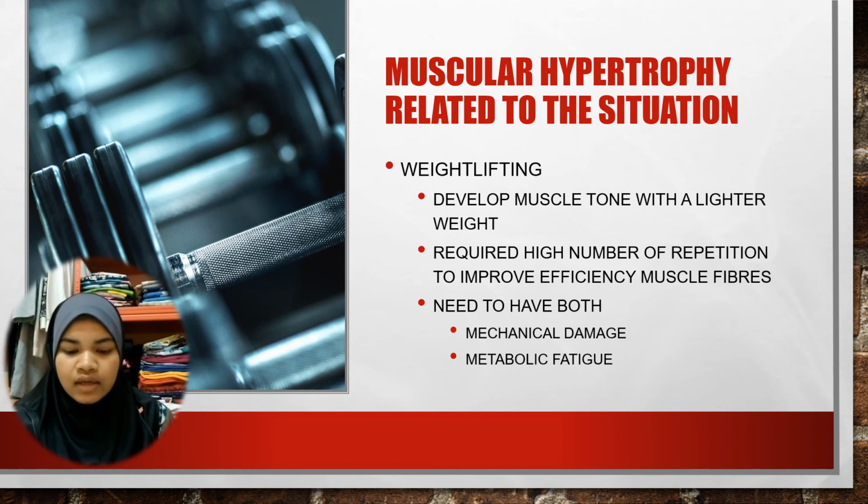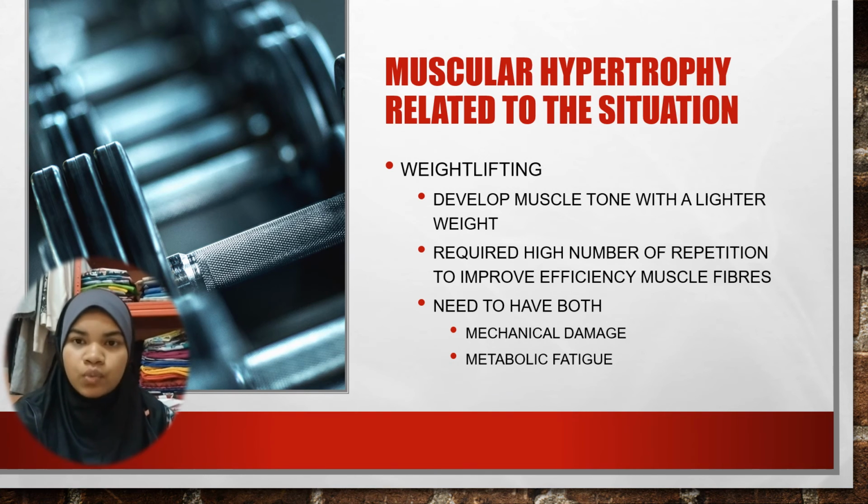It is the way to determine that your muscle grows and changes. For example, you can develop muscle tone with lighter weight, but it will require a higher number of repetitions to improve the efficiency of your muscle fiber, unless you perform a number of repetitions to the point of fatigue. Then if you are using a heavy weight, it is an effective way to stimulate growth and definition in muscle fiber. It is an efficient way to work out if you are short on time.